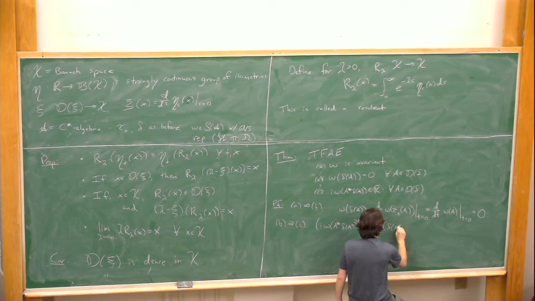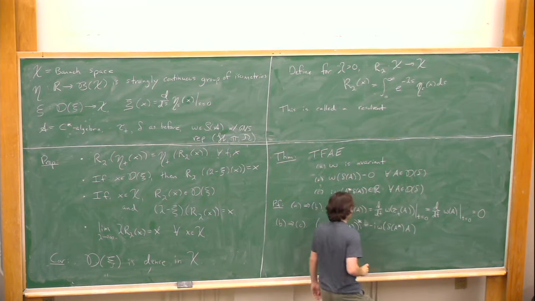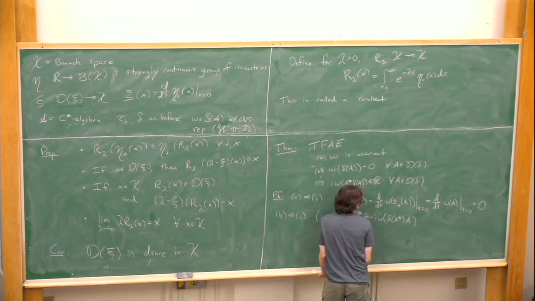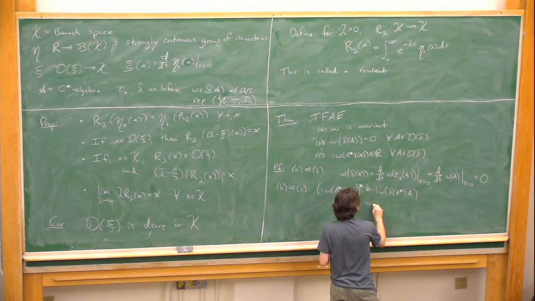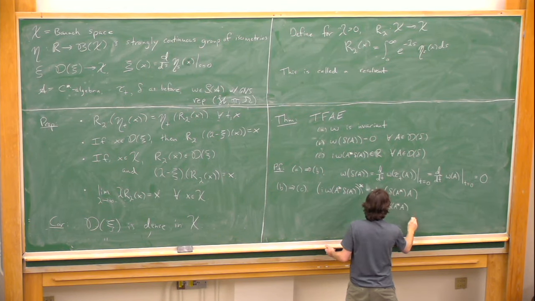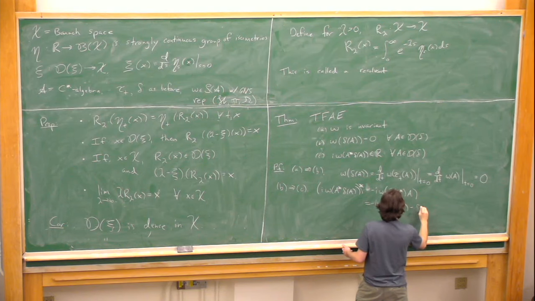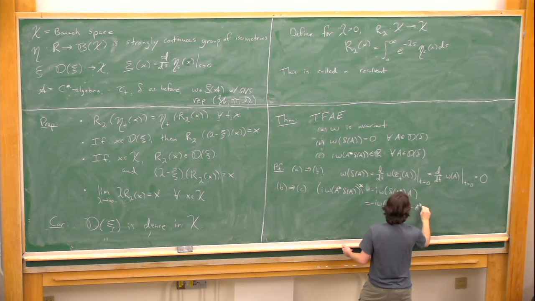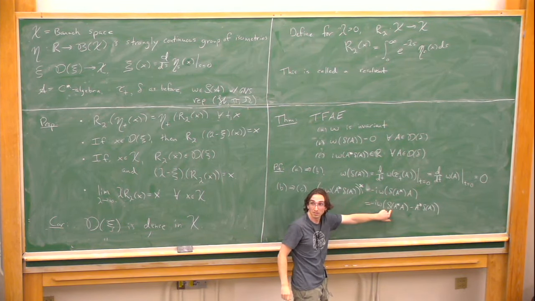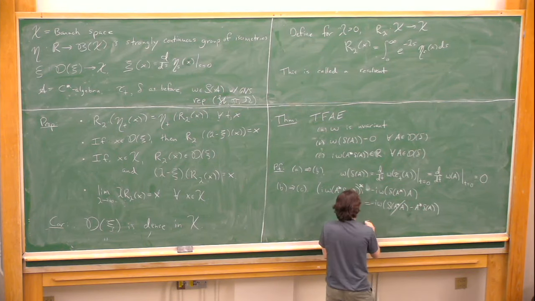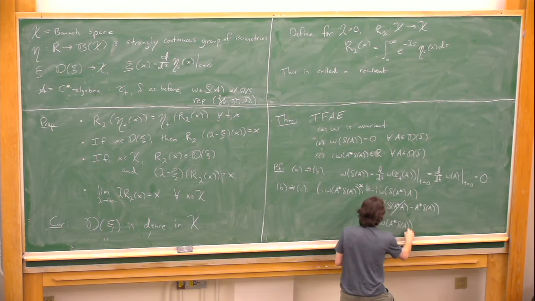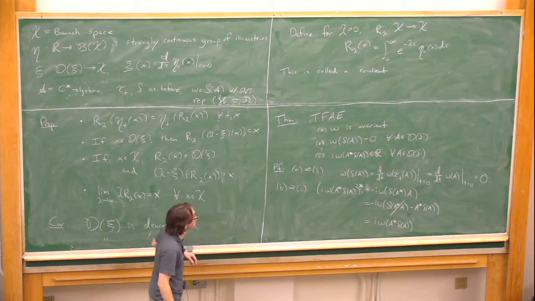That's going to be delta of A star A. And now I use the product rule for the derivation. This is minus I omega of delta of A star A minus A star delta of A. This first term is 0 by hypothesis. And so I get I omega of A star delta of A, which is what I started with. So I took the complex conjugate, and I got the same thing back.